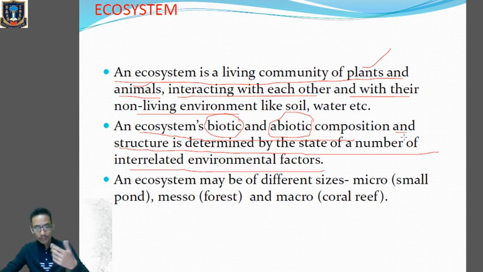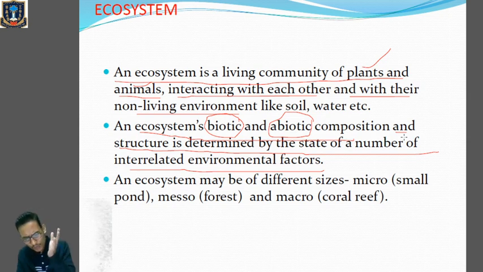That means the composition of an ecosystem, whether biotic or abiotic, is determined by a number of factors. So there are different types of environmental factors which will define the composition of an ecosystem, and changes in one of those environmental factors will bring changes in an ecosystem. If one of the environmental factors changes, then that can totally change the composition of an ecosystem.